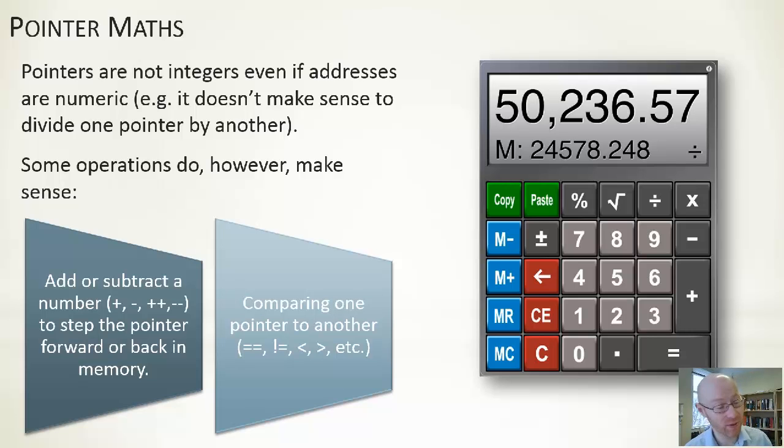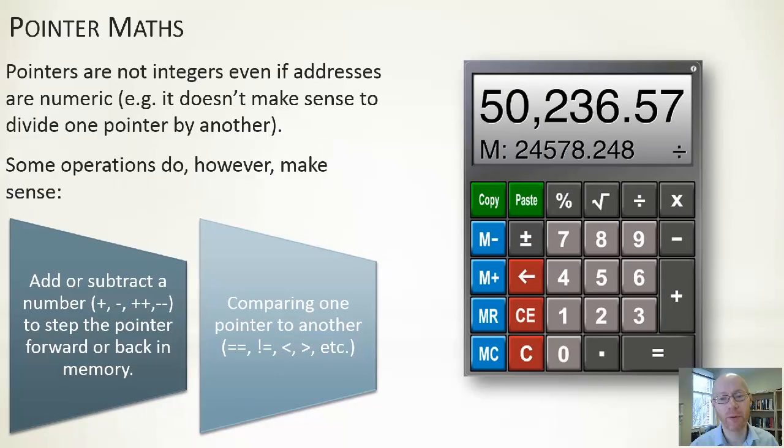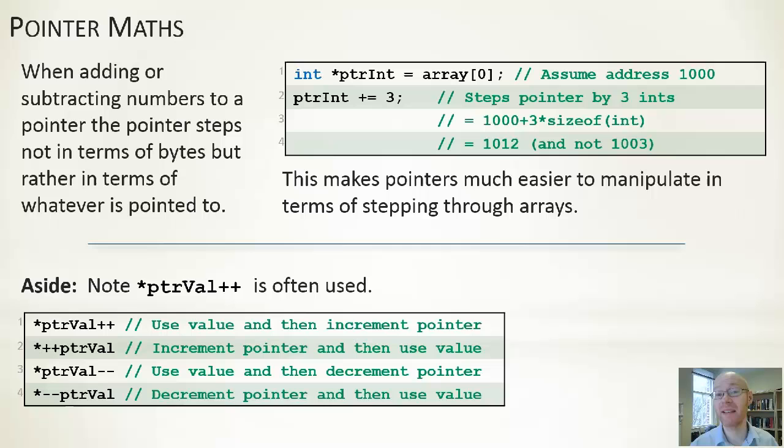For the operations, we can add or subtract a number to a pointer, we can increment or decrement it. That's basically stepping the pointer forward and back within memory. And we can also compare two pointers to ask, are they pointing to the same address? Is one pointing to an address that is notionally higher or lower in terms of memory? Those operations are useful, and they're ones that we can draw upon as part of our development and our programming. So you can see an example of it here.